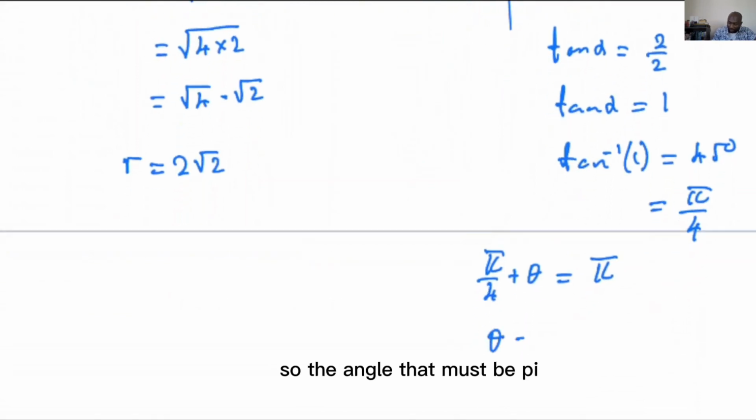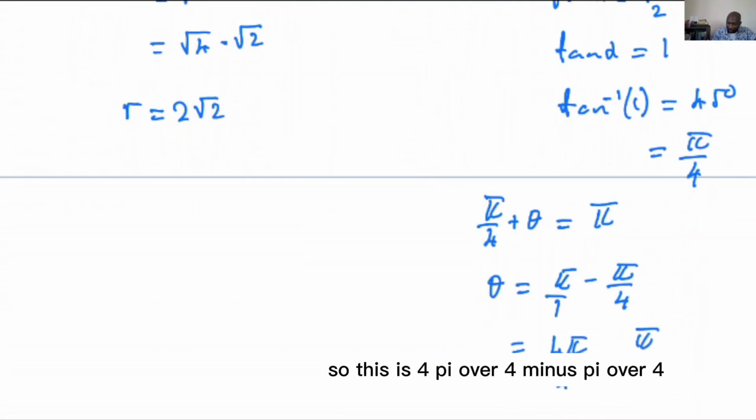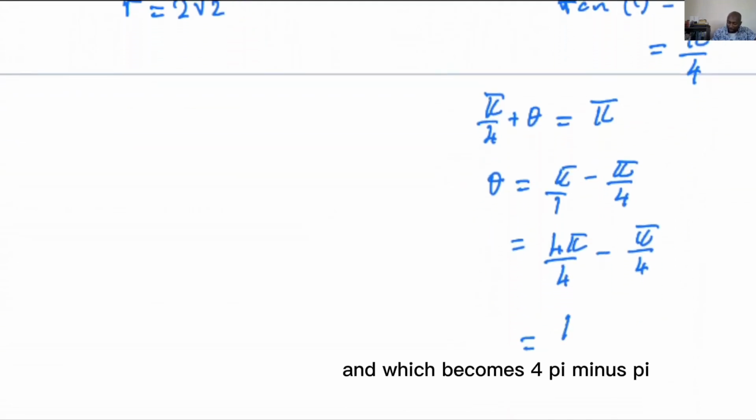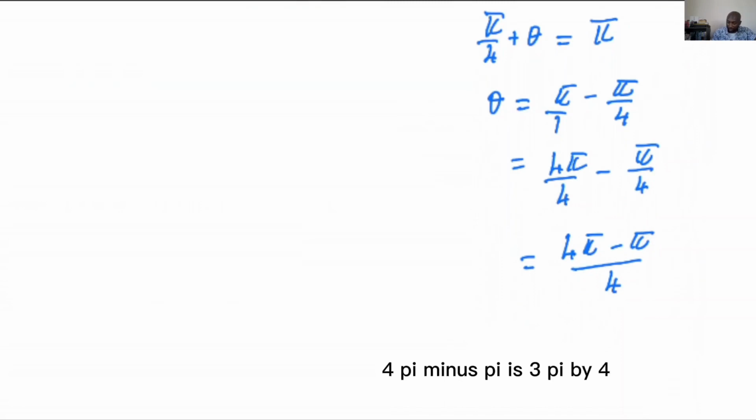So the angle theta must be pi minus pi over 4. This is pi over 1, so multiplying by 4, this is 4 pi over 4 minus pi over 4, which becomes 4 pi minus pi all divided by 4. 4 pi minus pi is 3 pi over 4. So this is equal to 3 pi over 4. So that is the argument.